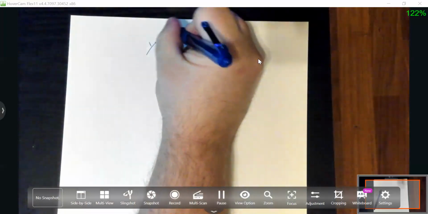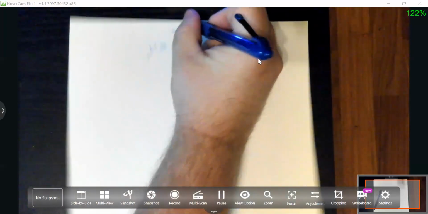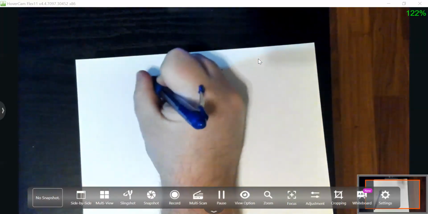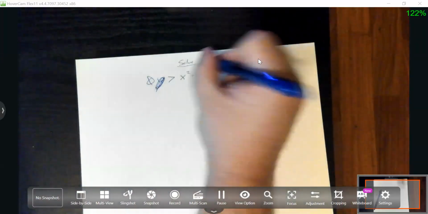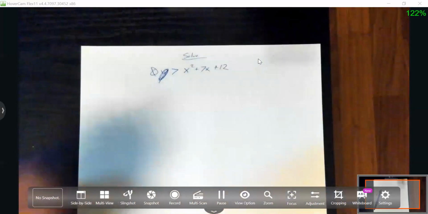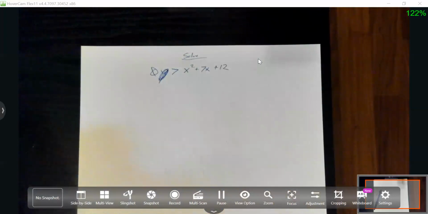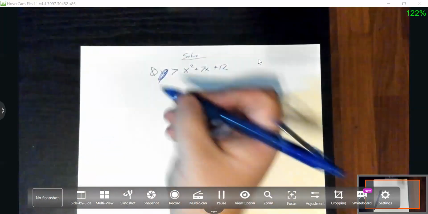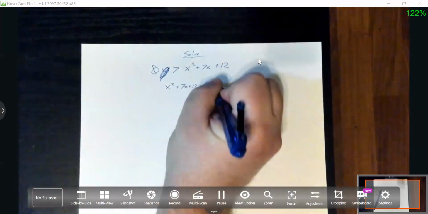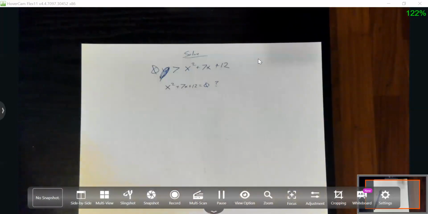And our direction is to solve. Oh, no, let's make it 0. We'll keep it simple. Let's say 0, and our direction is to solve the inequality. So here, it's already, first step, set equal to 0, so we can work with it. I now need to find my key points. So when is that equal to 0? So x squared plus 7x plus 12 equals 0, and when is that going to be true?